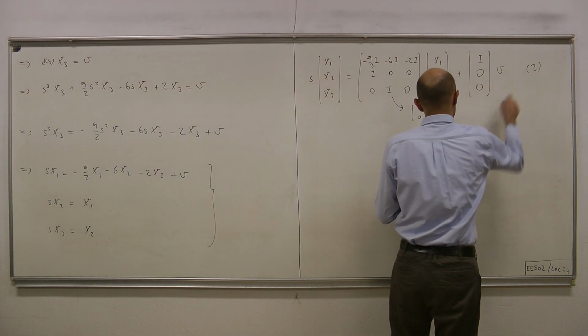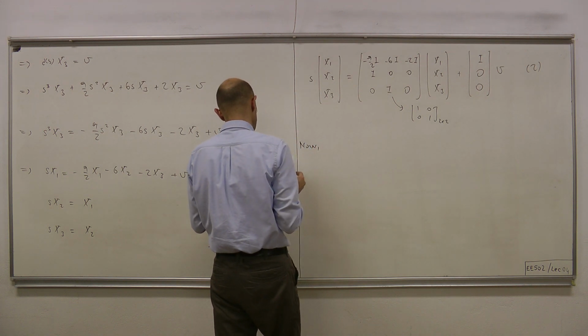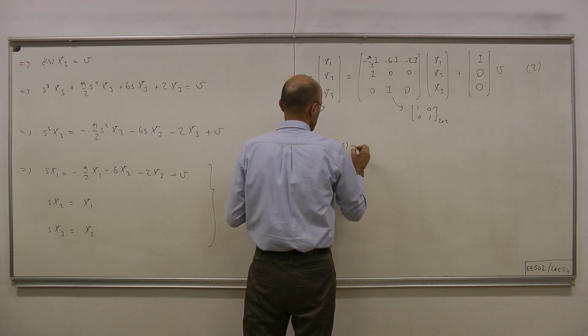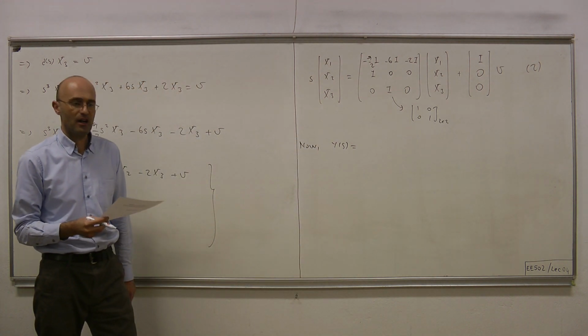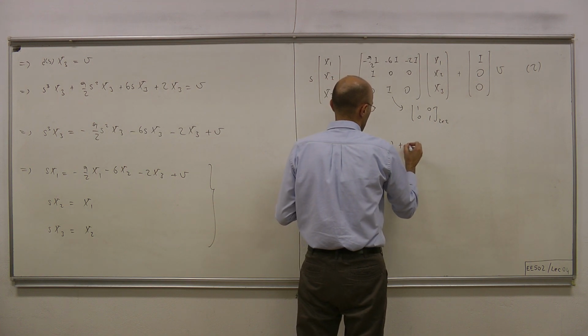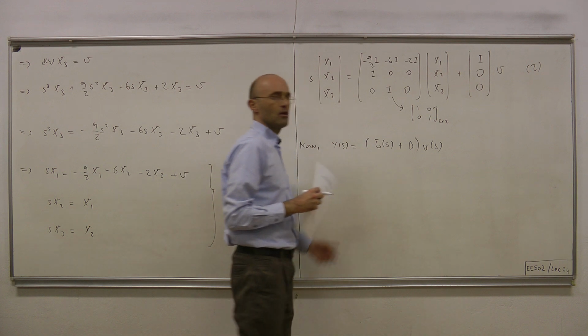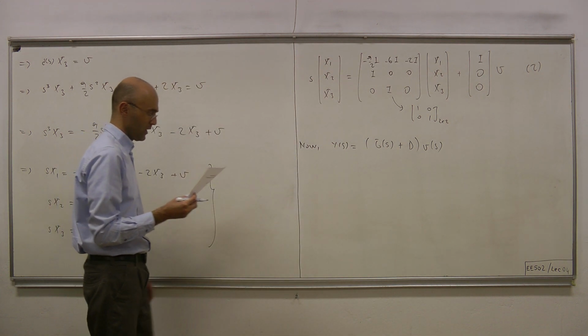Okay, so let's call this equation 2. Now, what we have is y of s equals g of s times u of s, and g of s we have written as g bar of s plus d times u of s. Okay.